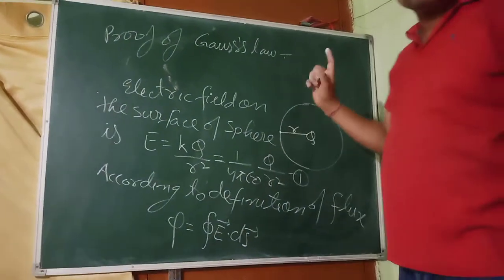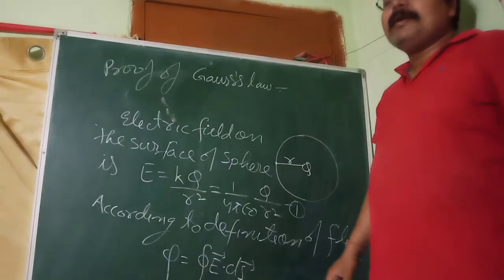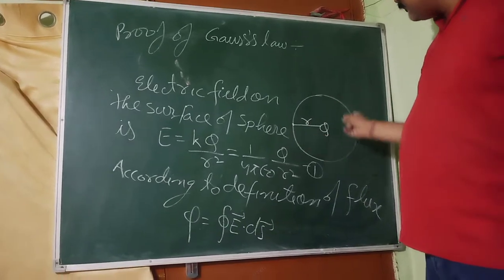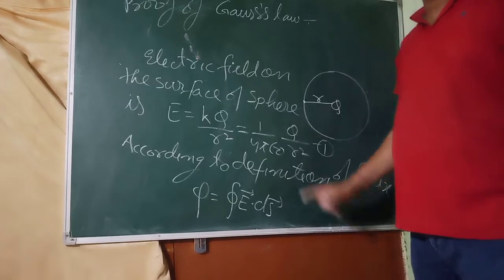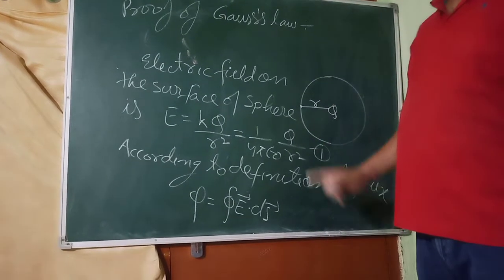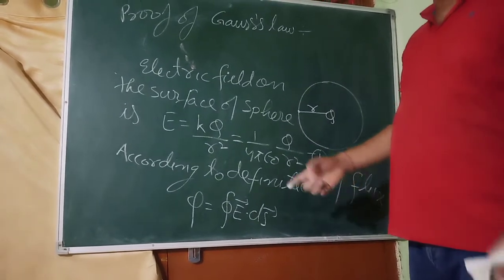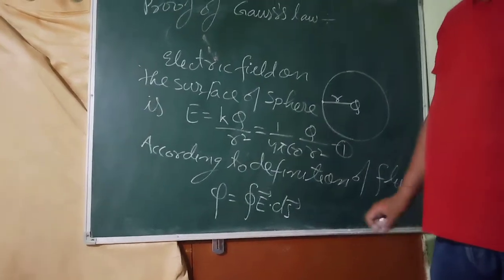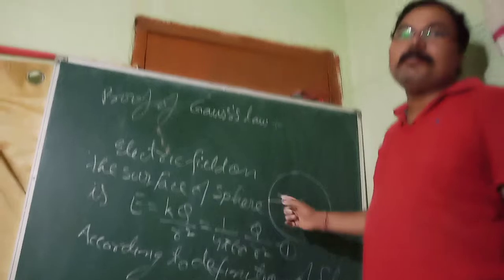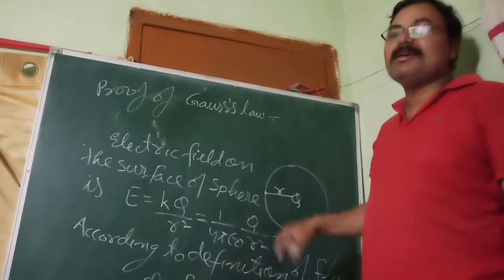In case of Gauss law, the flux does not depend on the shape of the surface. Whether the surface is spherical or how large it is, the flux doesn't depend on that. It depends on the charge and the permittivity of the medium inside the closed surface.